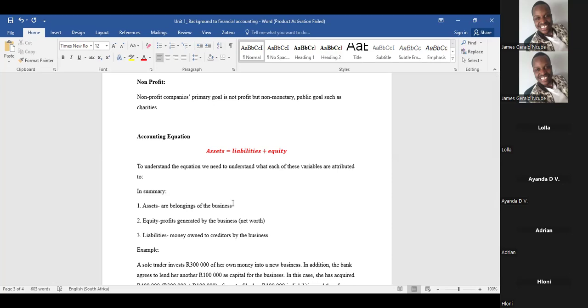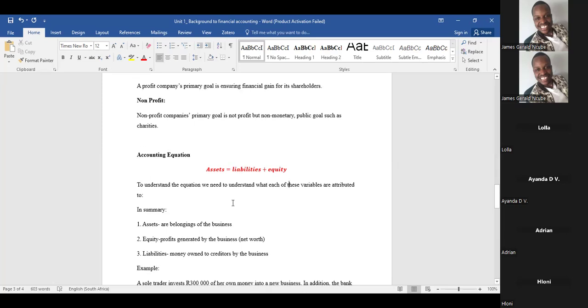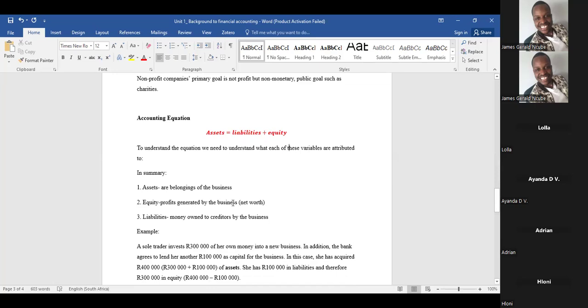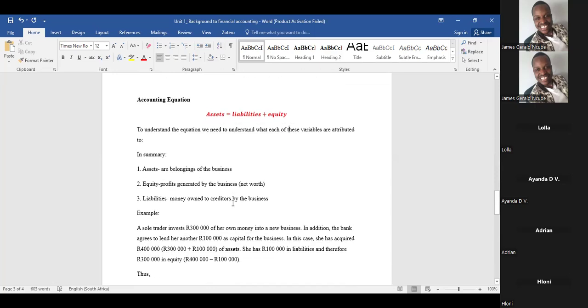We're going to go into the deeper stuff starting from next week. However, just for you to get an idea of what this equation is all about, here's a simple example. It says a sole trader. So we're talking about a sole trader kind of business, right? She invests 300,000 of her own money into a business.